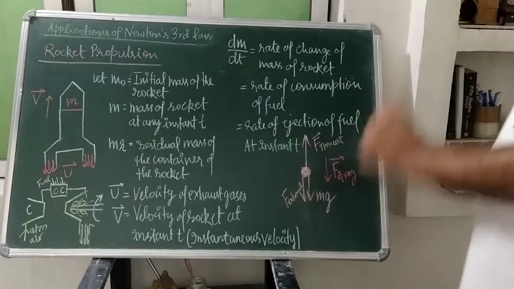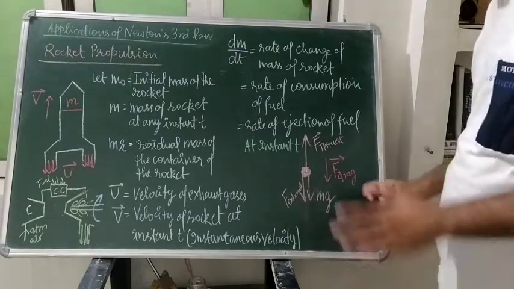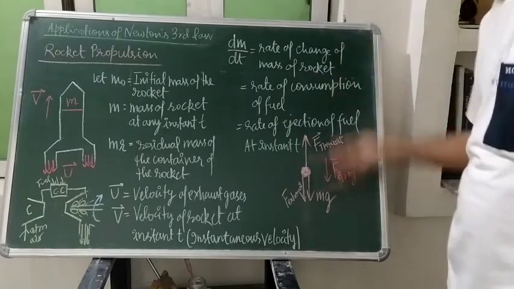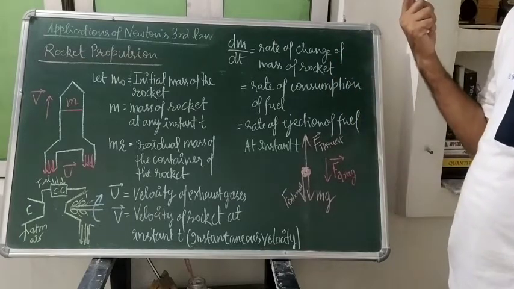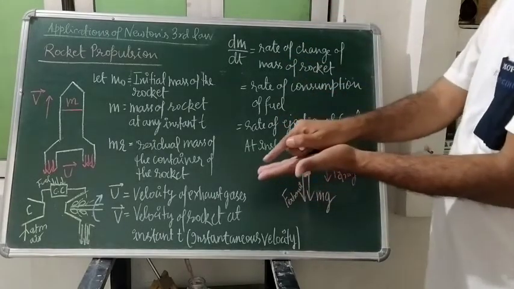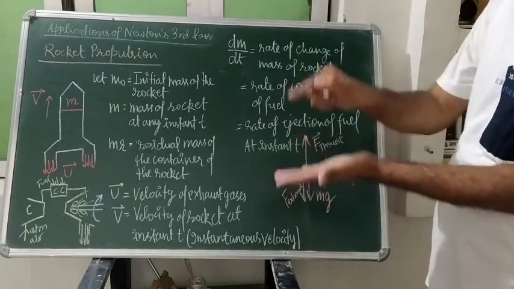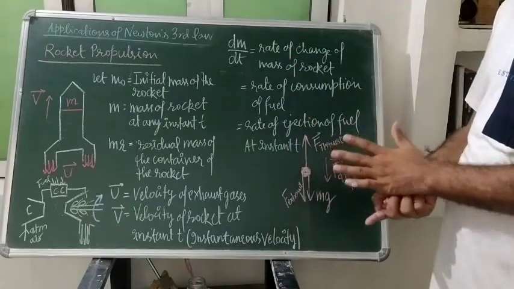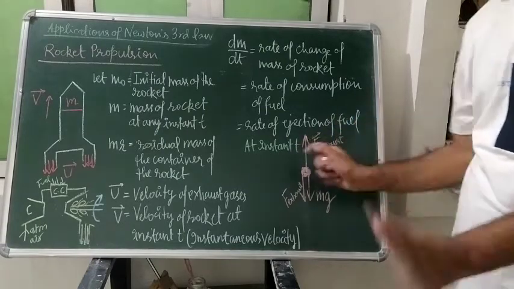So these will be the only forces which will act on it, and please students, do not say that a normal force will act on it, because at time t there is no contact of the rocket with the ground. So at instant t there is no normal force.